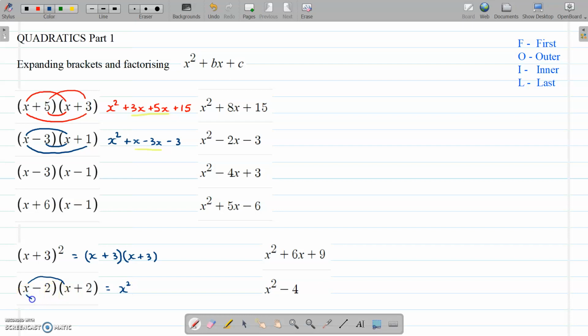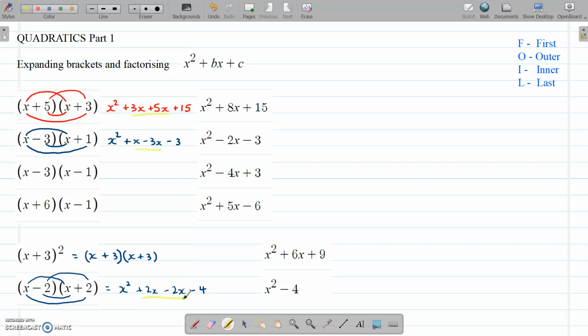Now your outer term is plus 2x, and your inner term is minus 2x. And your last term is minus 2 times 2, which is minus 4. And you'll notice the result, which I've already got here for you: the bx term in the middle disappears. That is quite easy to see why, because you have a plus 2x and a minus 2x that cancel out and give you 0. So there's a 0x in the middle of that.